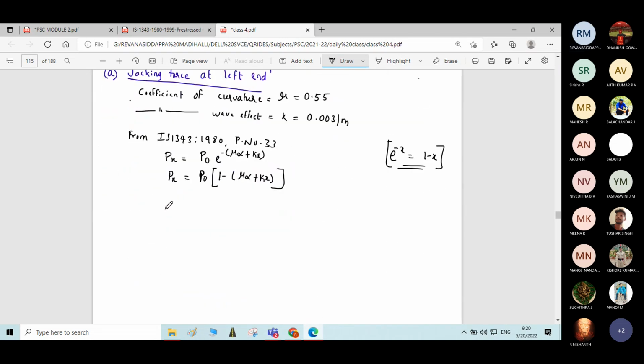Now we'll find one by one. Px is nothing but the initial pre-stress at the right end.